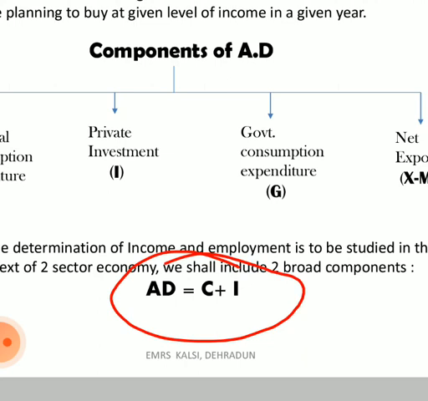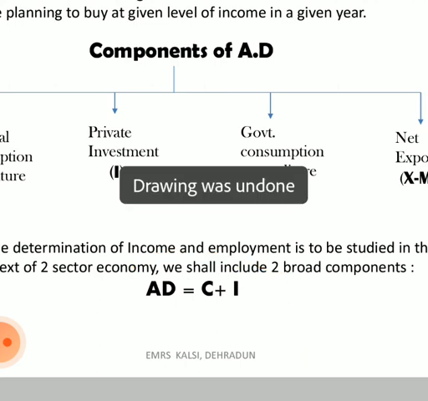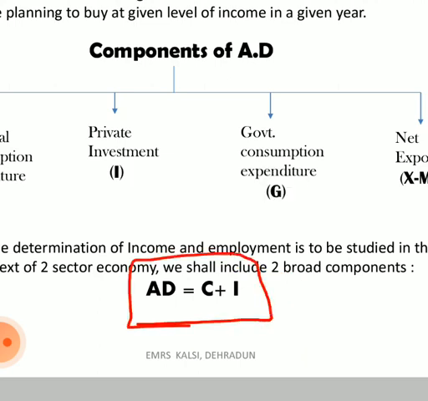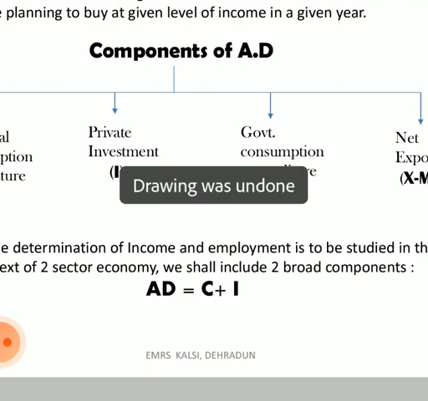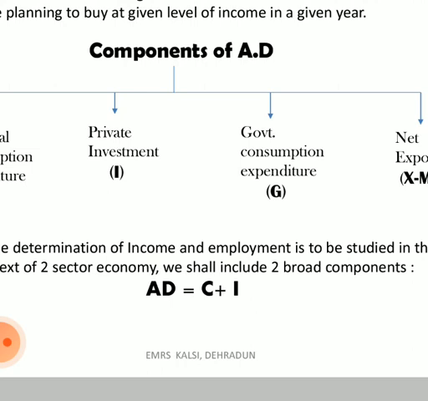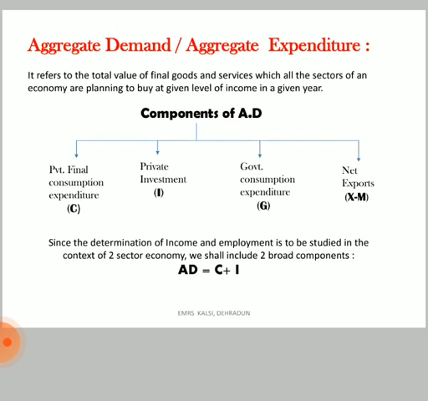So if we ask what is the formula for AD, how we will calculate AD? By adding consumption and investment. This is the formula for AD, and it will be used in the next slide. Let's see how it will be used.